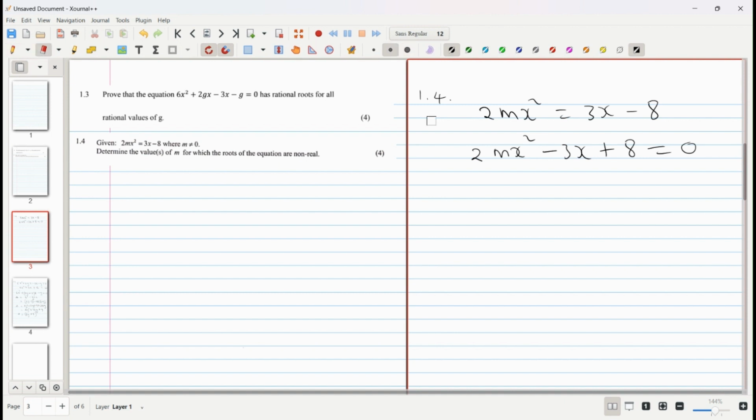So remember, the question asked us to determine the values for m for which the roots of the equation are non-real. So for the roots of the equation to be non-real, we know that the discriminant has to be less than 0.